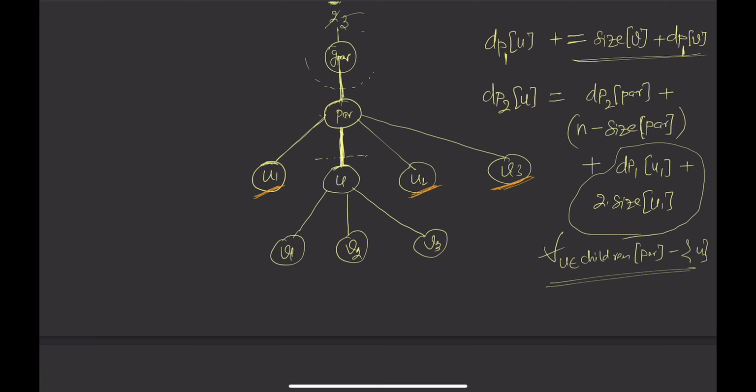When I come at u, I already know the answer for the parent. And I need to calculate this value for every sibling u1, u2, u3 except u, right? Except u, yeah. So go to all the... I already know the answer for this parent.